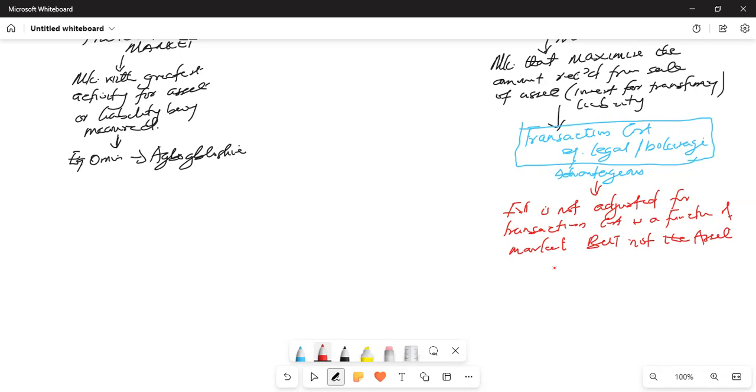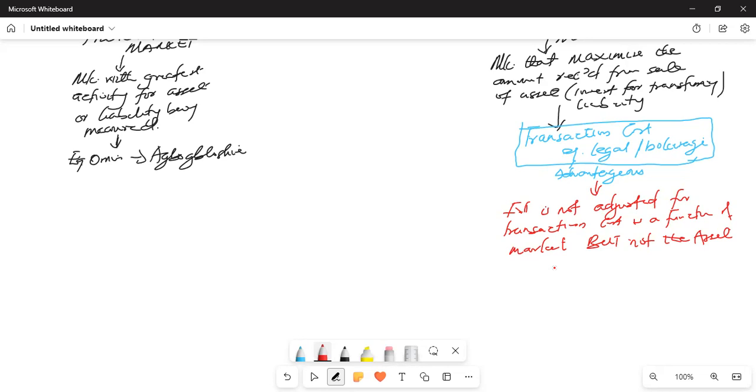The market we are talking about is the place where the transaction is taking place. And we are saying that the market where you get the fair value price has an effect on the price, depending on whether the asset is sold at a principal market or the most advantageous market.